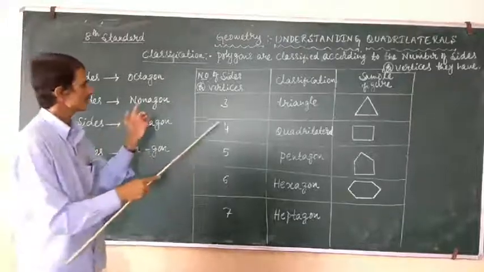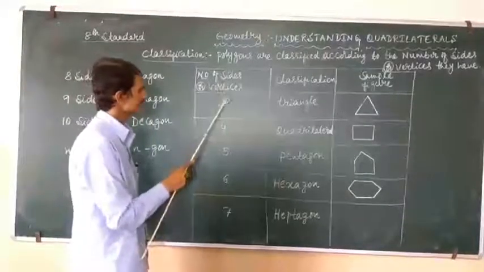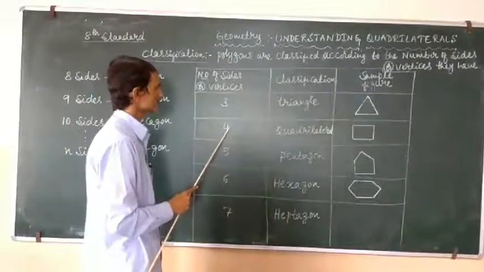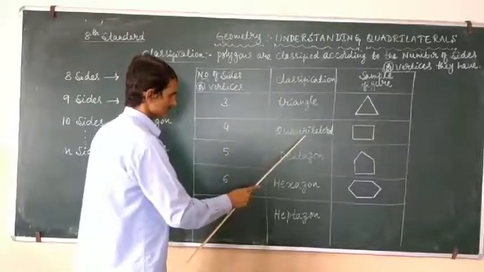Students, so if a polygon has 3 sides, it is called a triangle. A polygon containing 4 sides is called a quadrilateral.